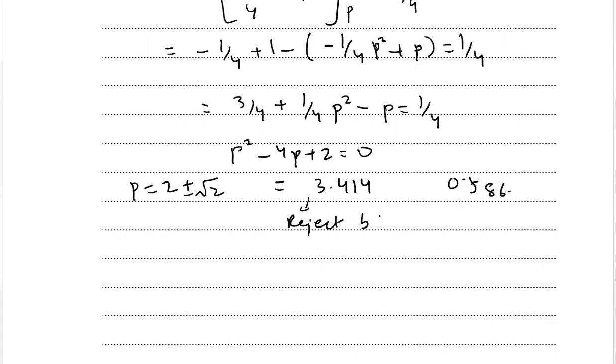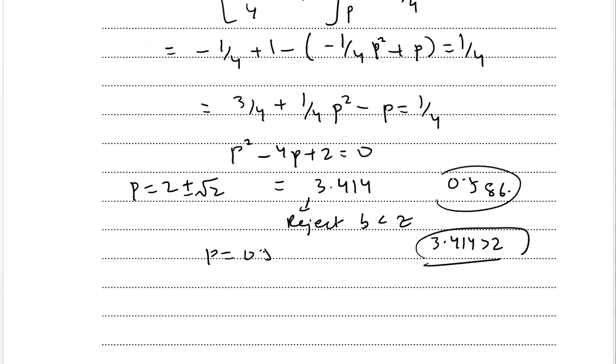Because this is less than the value of z. And this 3.414 is basically greater than 2. So we would accept this value. So the value of p is equals to 0.586. A lot of algebra is involved in this question.